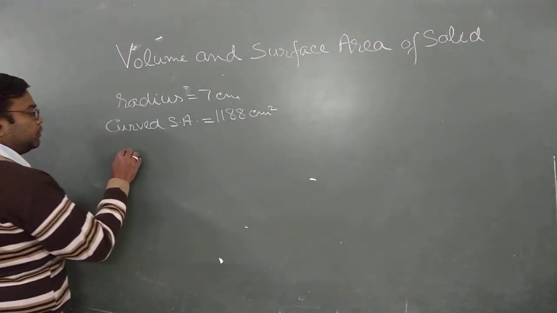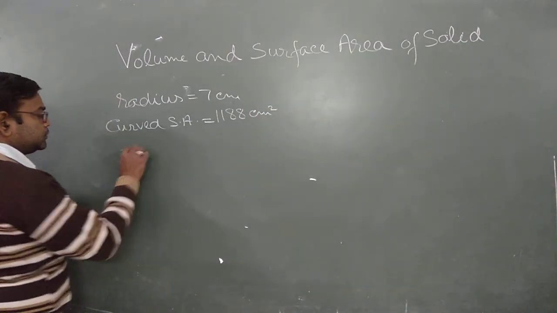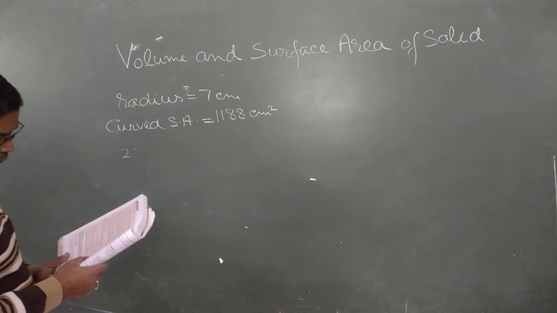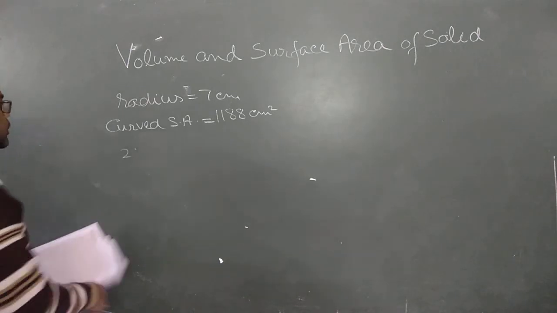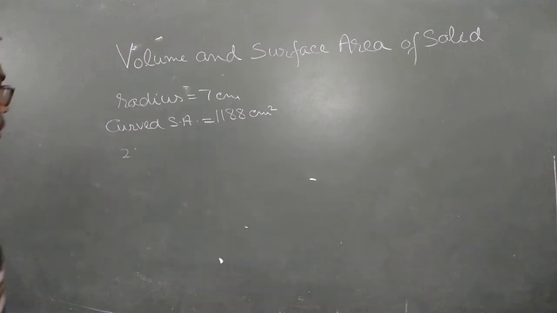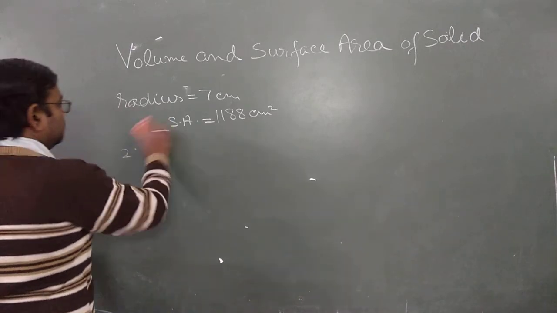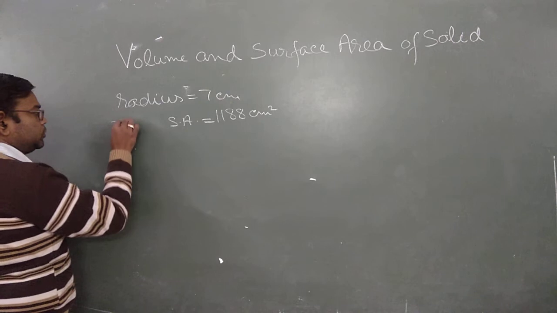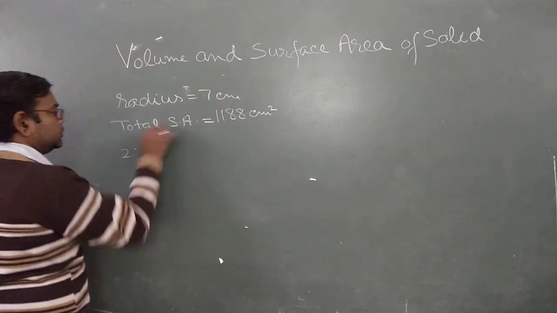As we know from the formula, curved surface area... Sorry, it's a total surface area, not curved surface area. It's my mistake. I wrongly noted the question. It's a total surface area.